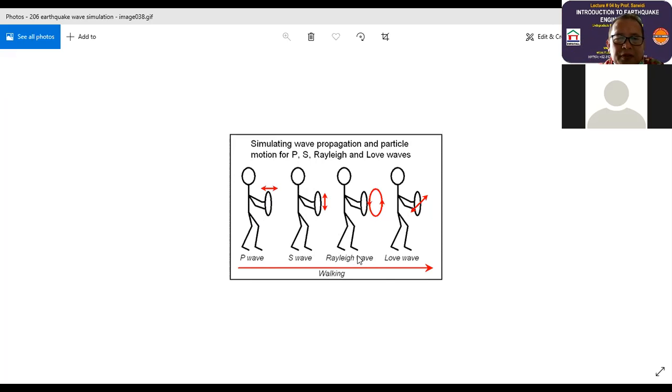And now the Rayleigh wave looks like a circle here, and people also walk forward.